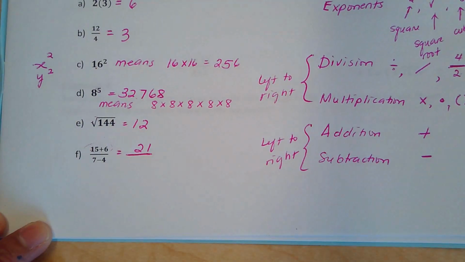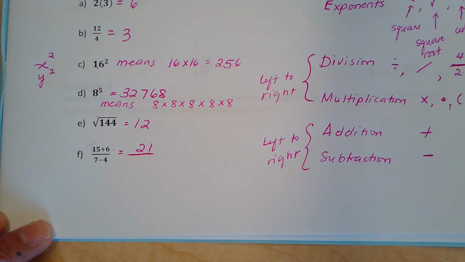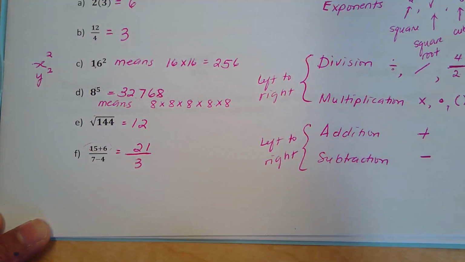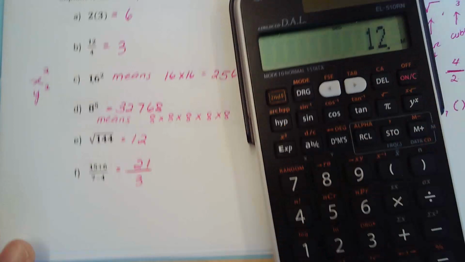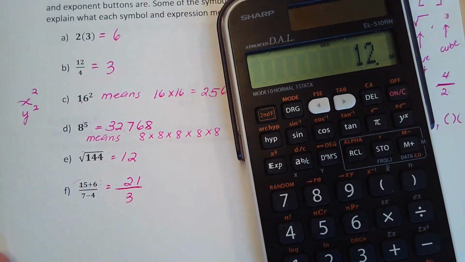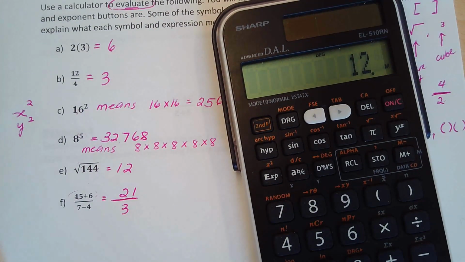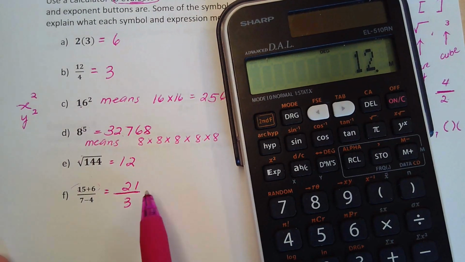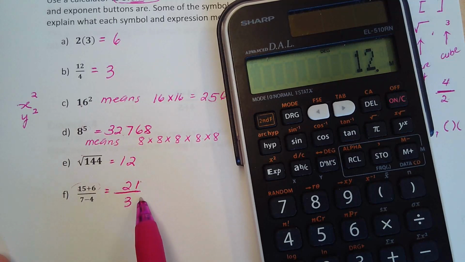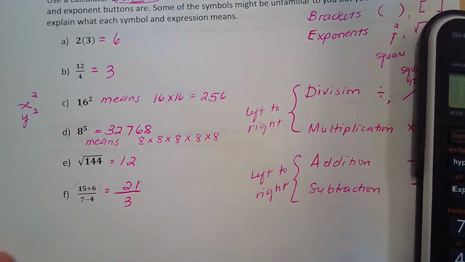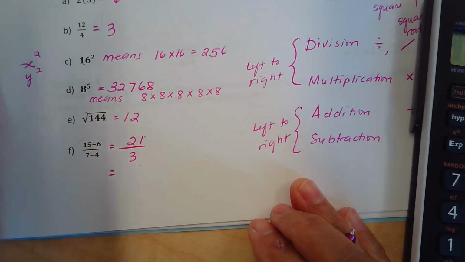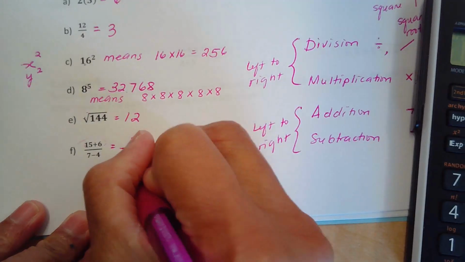Now the next one is to work out the denominator, the bottom number, which is 7 minus 4 is 3. Now that you've worked out the numerator and the denominator, what's the next step? Yeah, it's 21 divided by 3. So 21, I'm just going to write it at the bottom. 21 divided by 3 is 7.